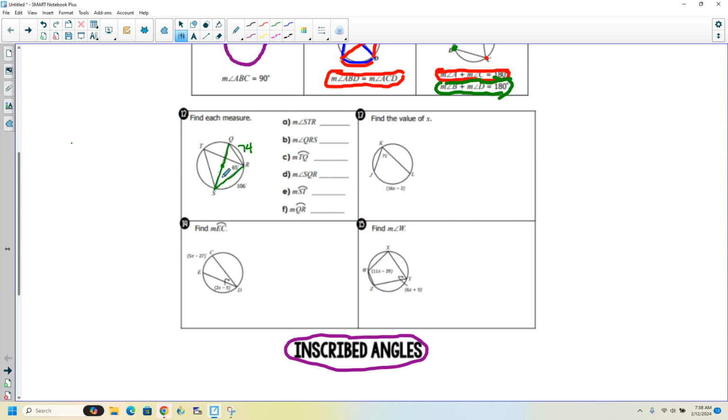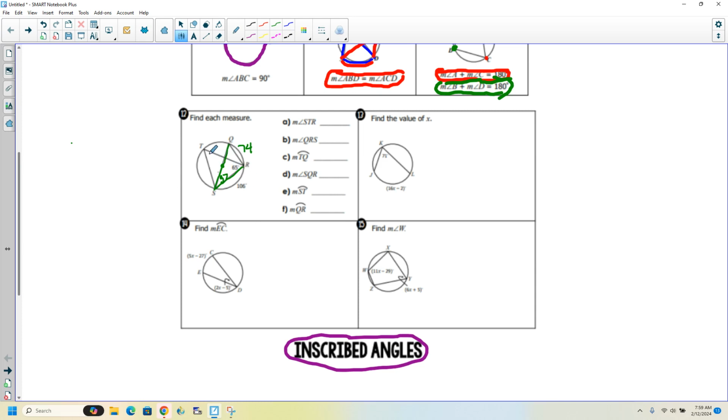And so this angle is half of that intercepted arc. And so that angle would be 74 divided by 2, and that is 37. Again, I'll worry about what they ask about here in just a minute. I'm just writing stuff in. 37 for that one. All right, let's see what else we've got.